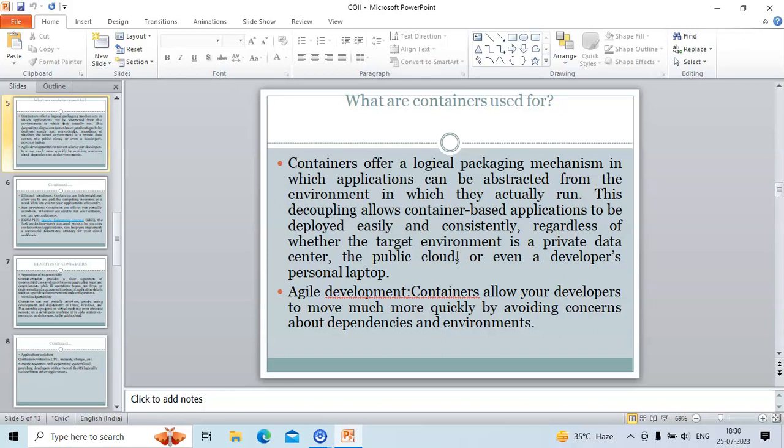An application, its dependencies and its configurations are packaged together as a container image, and the containerized application can be tested as a unit and deployed as a container image instance to the host operating system. In this way, containers help developers and IT people to deploy applications across environments with little or no modifications.